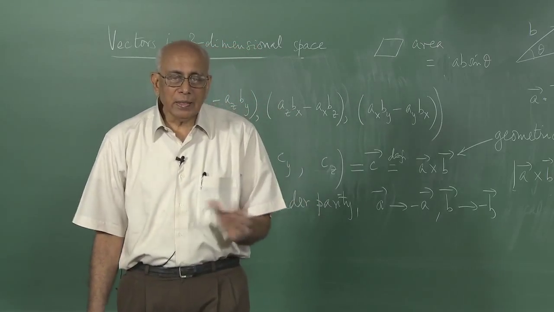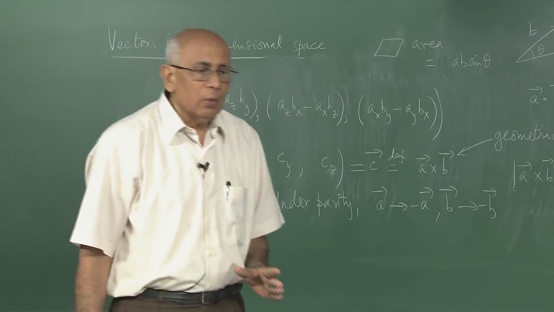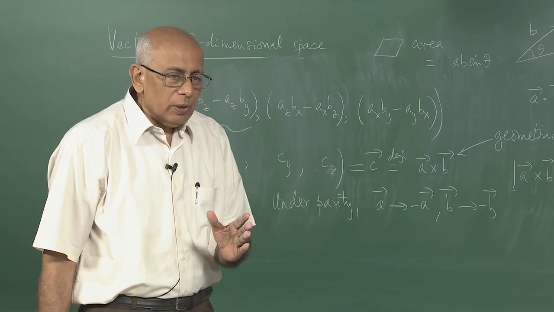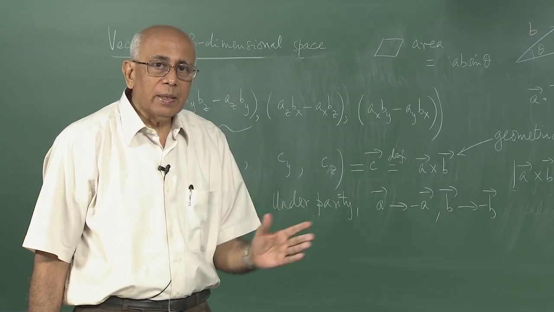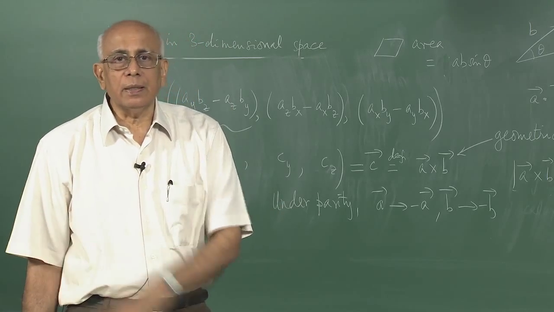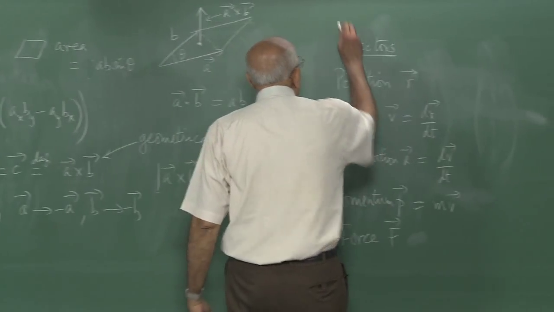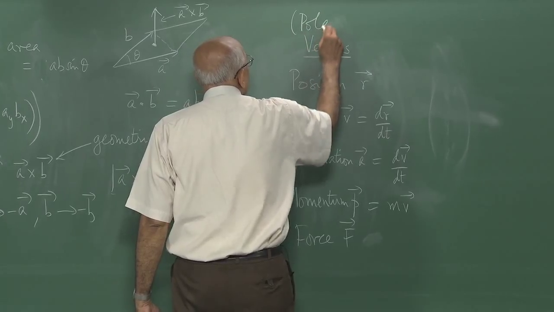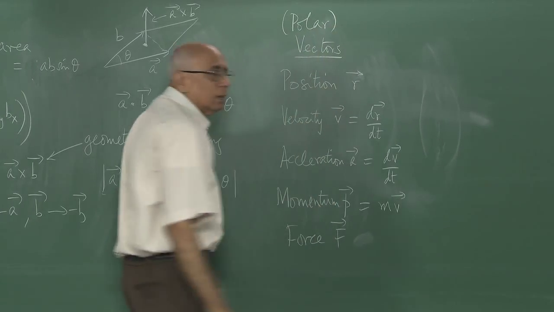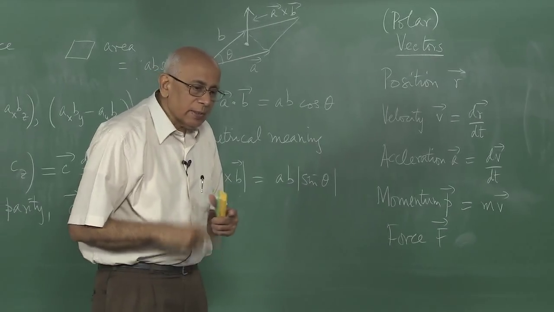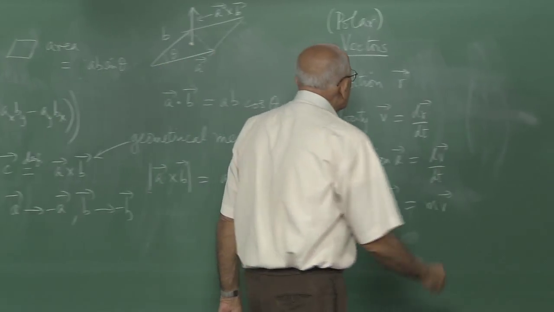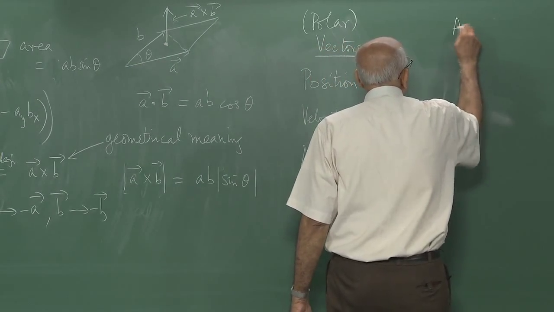Therefore we have two kinds of vectors in 3 dimensions. We have those which change sign under parity and those which do not change sign under parity. All these are vectors. They are also known as polar vectors. And the class of vectors which do not change sign, they are called pseudo vectors or axial vectors.